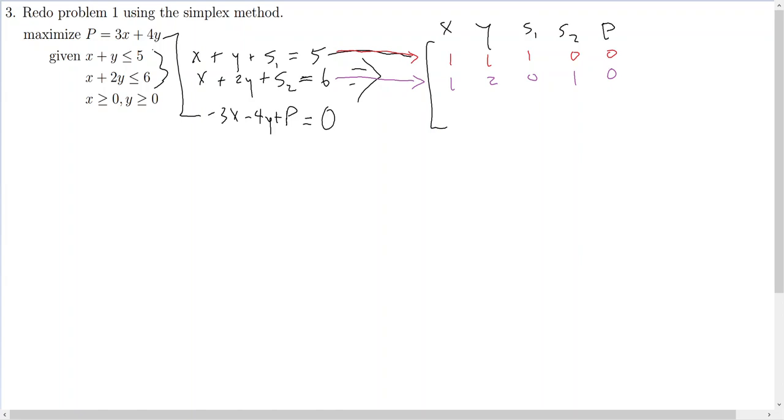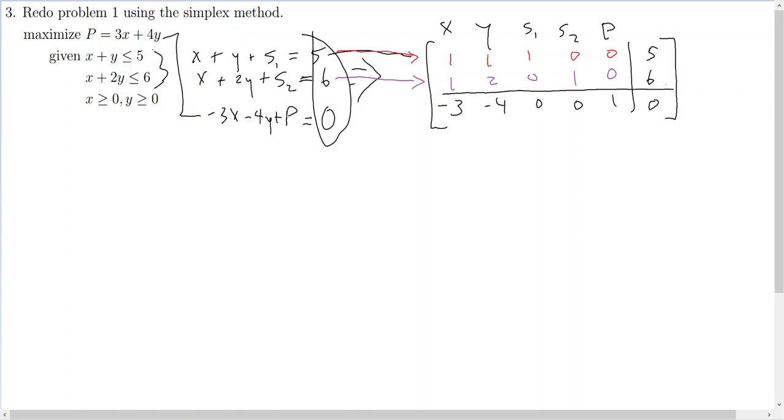Right, and then I start filling in my third row, where I get a minus 3 for X, a minus 4 for Y, 0 for the slack variables because they're not there, and P has a coefficient of 1, so it gets a 1, and a vertical bar to delineate my last column, which is the numbers 5, 6, and 0. And typically we put another column here.